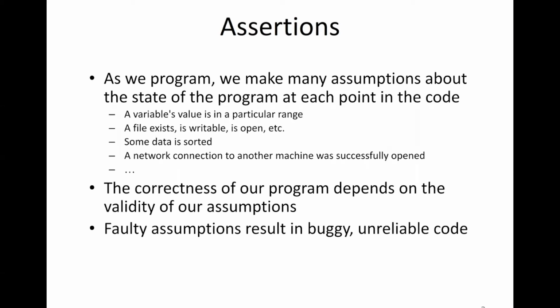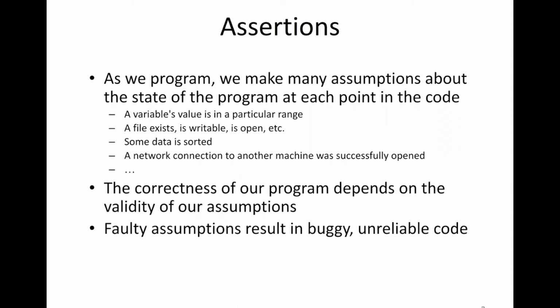Or at this point, this value is always within a certain range, and so I'll write code depending on that. So if you think about that, you probably do that all the time. As you're writing code, you have these assumptions that you make, and you are sure that they have to be true, and based on your knowledge that they have to be true, that kind of determines what code you write.